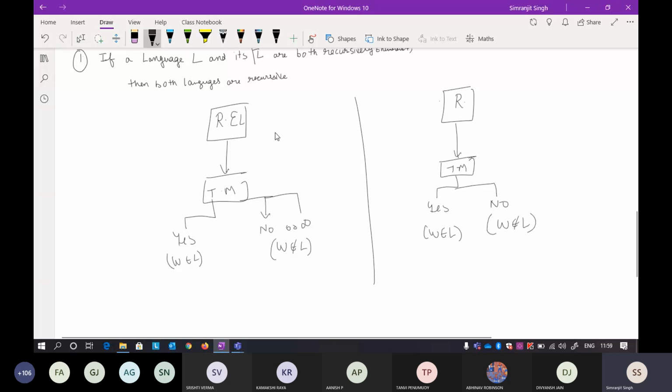So the only difference between these two is this. This is your recursively enumerable, this is your recursive. This is also called your membership algorithm. Membership algorithm means you have to find out whether a particular string is a member of a particular grammar.